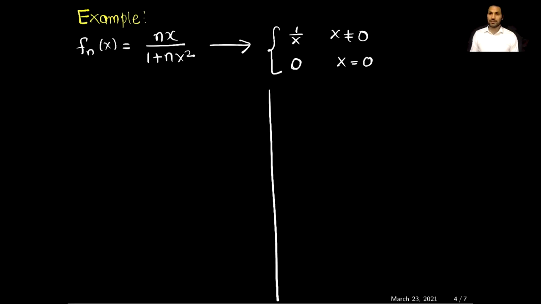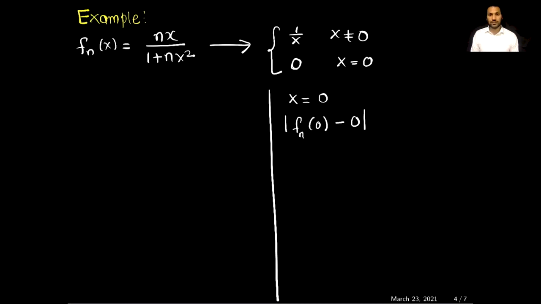As you can see, here we have to consider two different cases: when x is 0 and when x is not equal to 0. x equal to 0 is an easy case, but we need to prove in this case that the distance between f_n of 0 and 0 is less than epsilon.